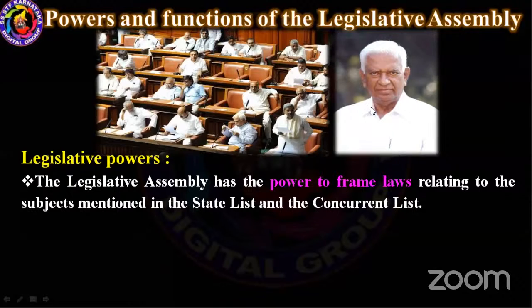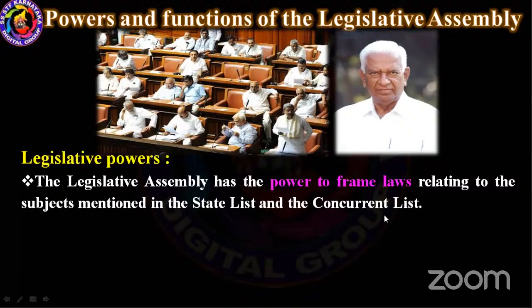The legislative assembly has the right to make laws or policies which belong to our state. On the state list subjects, the legislative assembly has the power to make laws and also plans. And if required, it may select a subject from the concurrent list also.